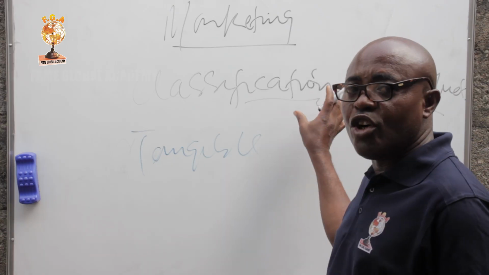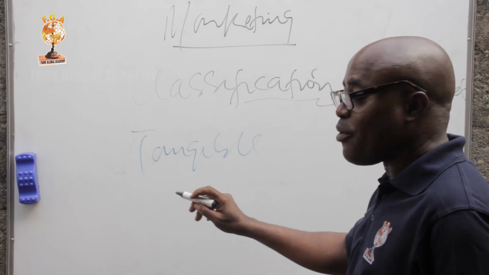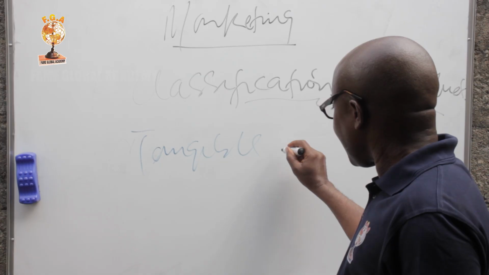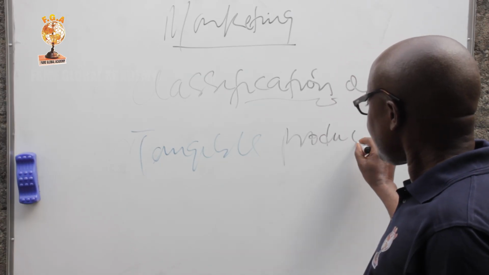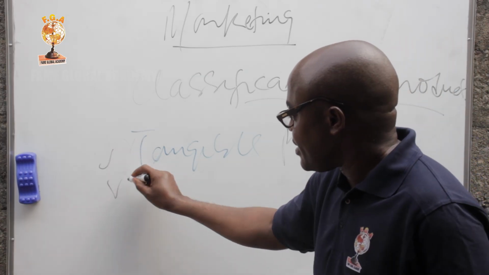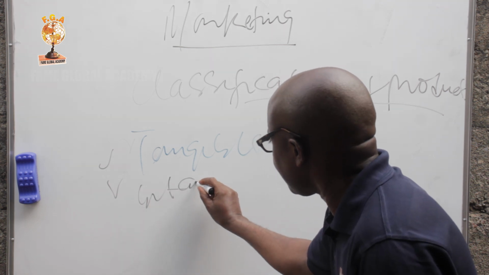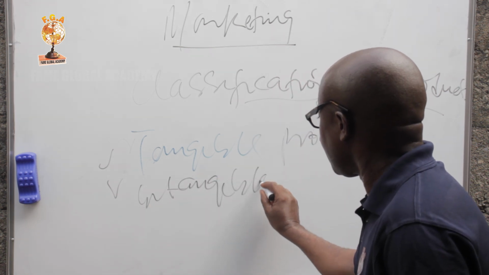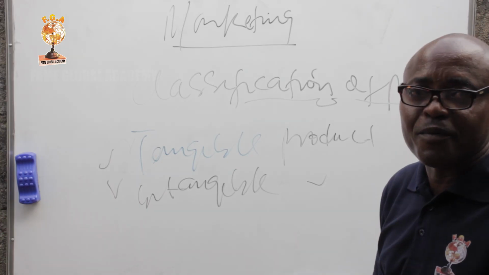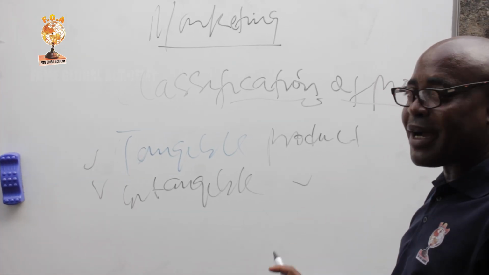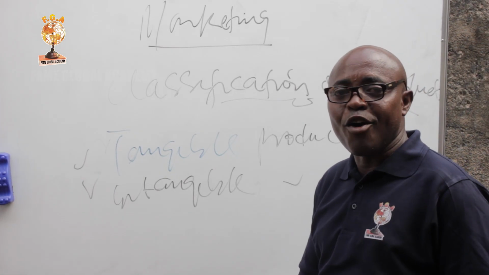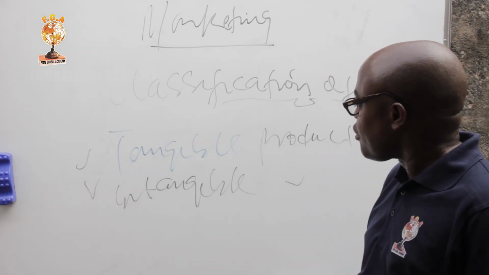So under the classification of product, you have what we refer to as tangible products, and the other part there is intangible products.